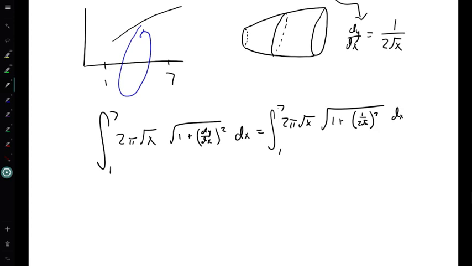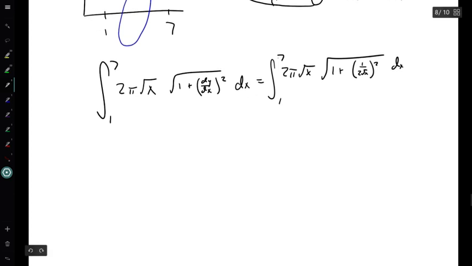Certainly doesn't look like an integral that's very easy to do, so we are left with resorting to simplifying the integrand, to see if it looks a little bit nicer when we're done. So from 1 to 7, we have 2 pi floating around still. Square root of x, we have the square root of 1 plus 1 over 4x, it appears.